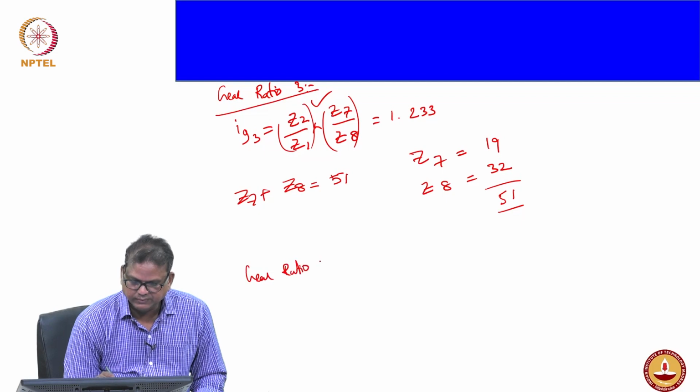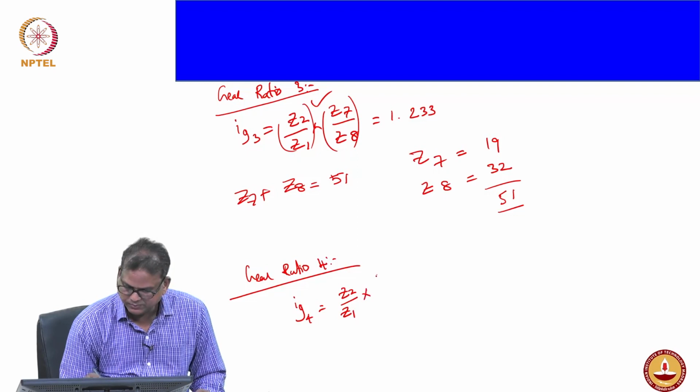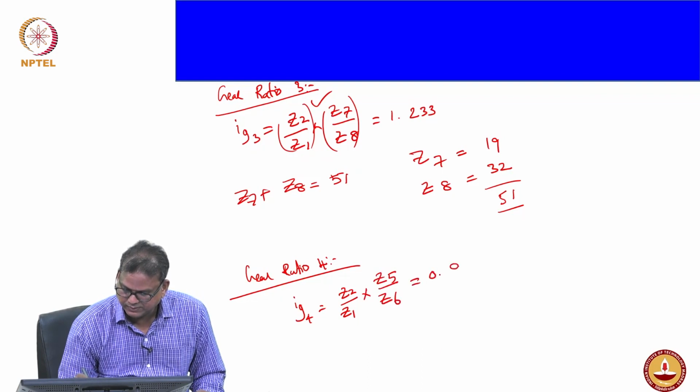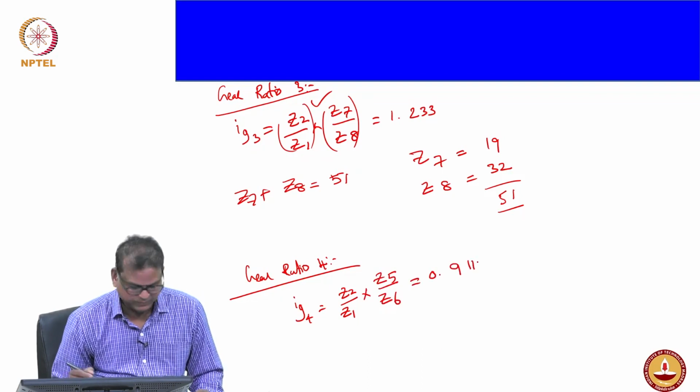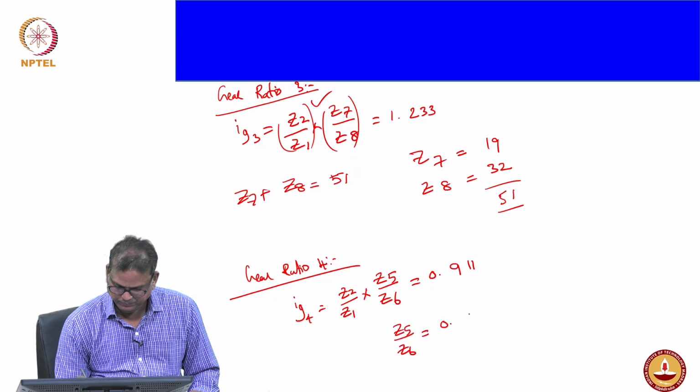Gear ratio for fourth gear 4: your Ig4 equals Z2 by Z1 into Z5 by Z6, equal to 0.911. Z5 by Z6 alone we take as the ratio 0.4555.